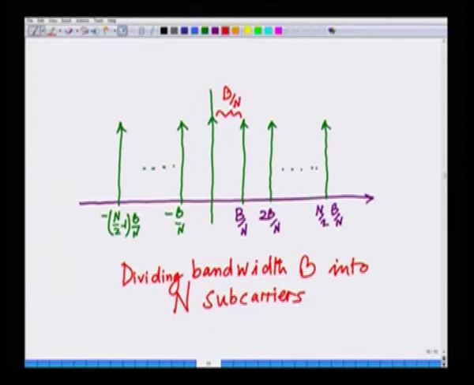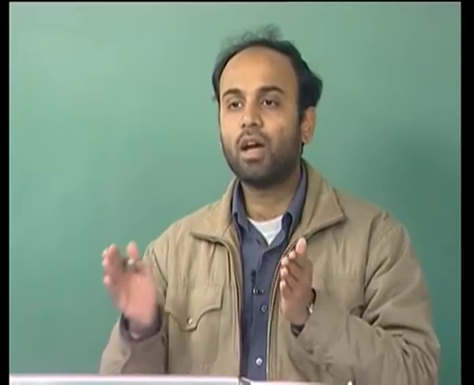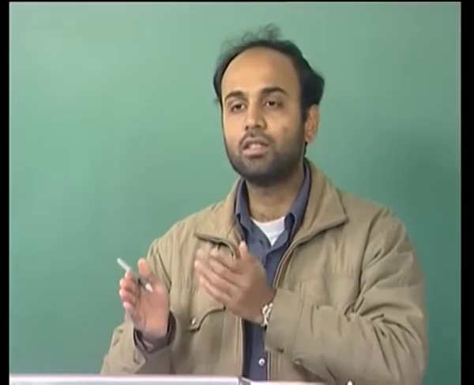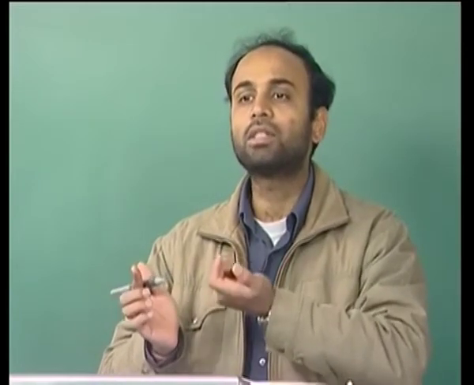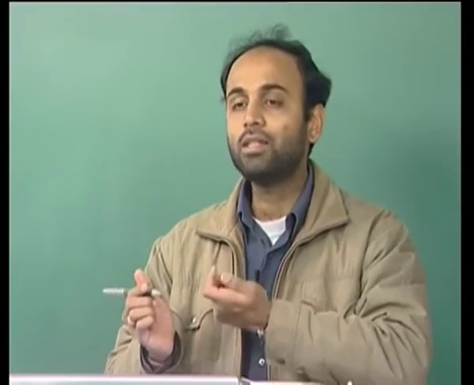I am using n subcarriers, so all of these together are n subcarriers. Why subcarriers? Because I am dividing the bandwidth into smaller sub bands, and in each of them I am using a carrier. Each carrier represents this smaller sub band, hence it is a subcarrier.